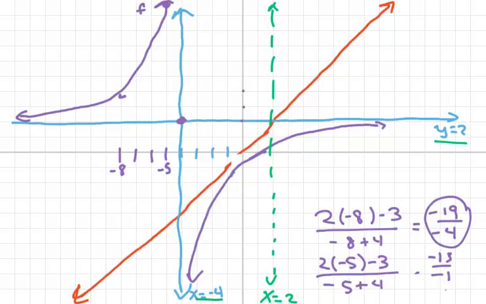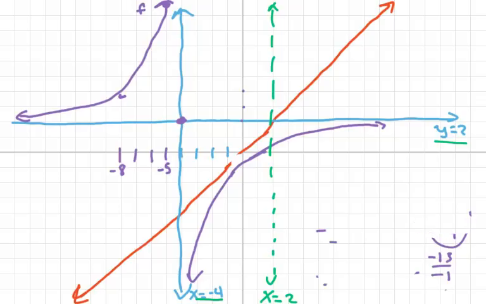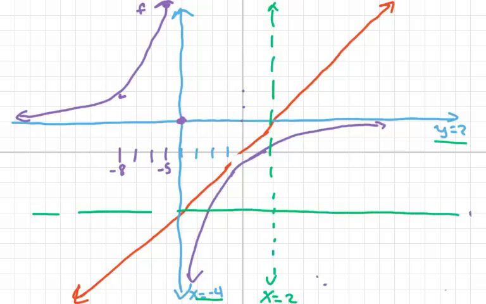Let me erase this. We have y is -4. What color am I using here? Oh, green. So y is -4, so 1, 2, 3, 4. So that's right in there.